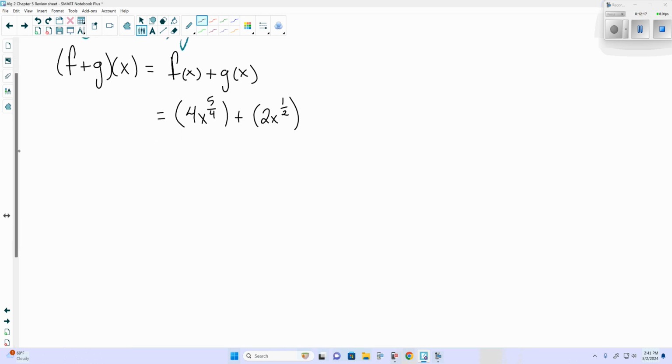Questions on this so far? Now since we're adding, we can go on and drop the parentheses. We have this here. Now the next thing we need to do is combine like terms. Is x to the 5/4 the same as x to the 1/2?